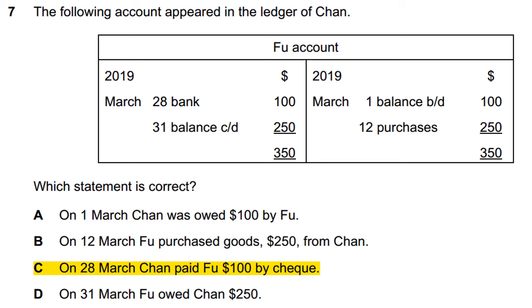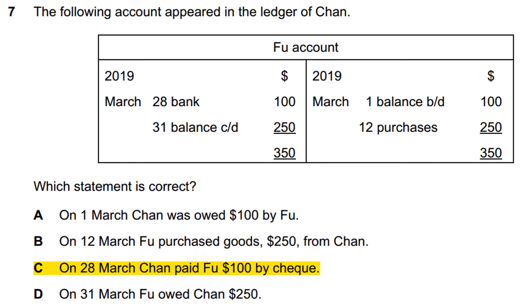and then he purchased more goods on 12th March for $250, and on 28th March he paid $100 to Fu.